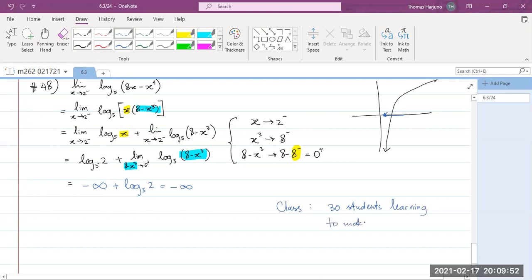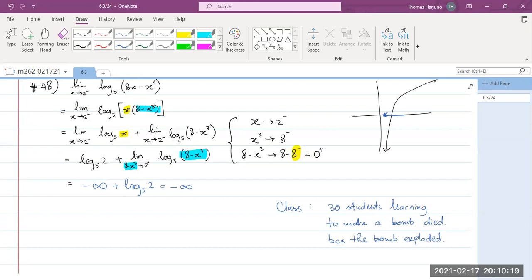They died because the bomb exploded. The question is, what grade are they supposed to get? Should they get an A or F?